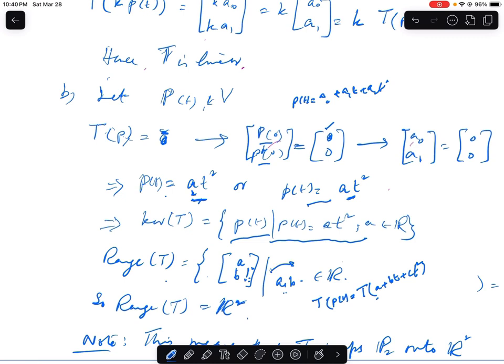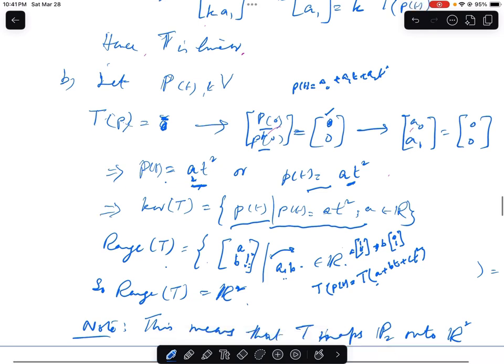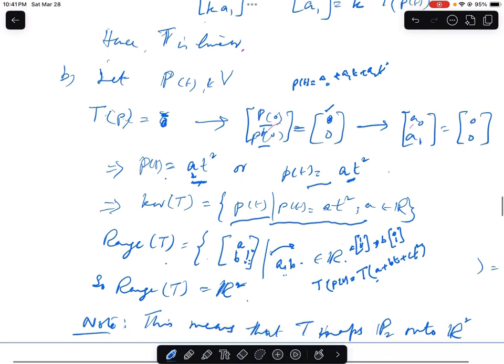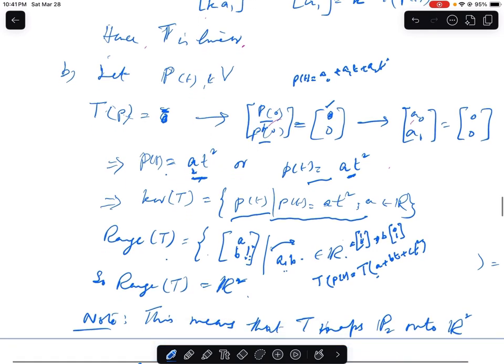From here you can say the basis vectors of this system are a times 1, 0 and b times 0, 1. Because we are saying the range is the whole R2, it means that T maps P2 onto R2.